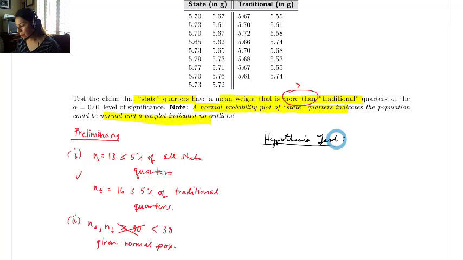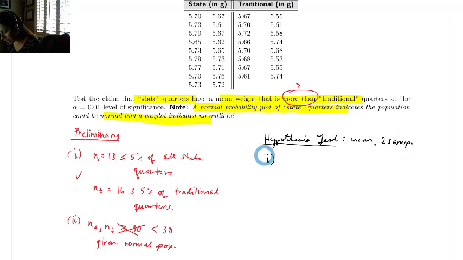They give us the mean weight of the quarters, and therefore we know that we're testing about a mean. The second part of the scenario is how many samples. So notice they give us state and traditional, 2 samples, and therefore we're going to use a 2-sample t-test.